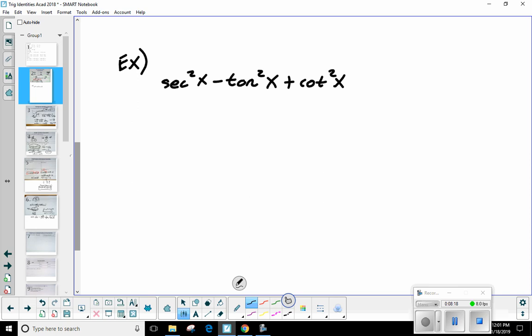That's the one I was thinking of. 1 plus tangent squared is equal to secant squared, right? Because you'll notice that Pythagorean identity contains both those terms. So could I rewrite this identity to look like secant squared minus tangent squared? Yeah, okay. So I just need to subtract the tangent squared over.